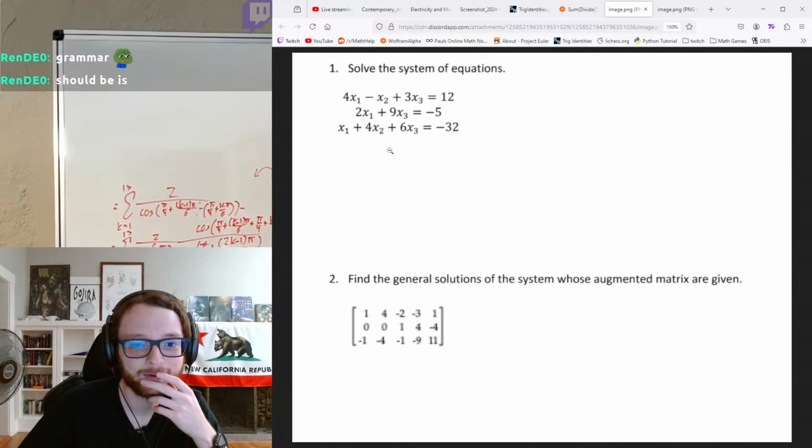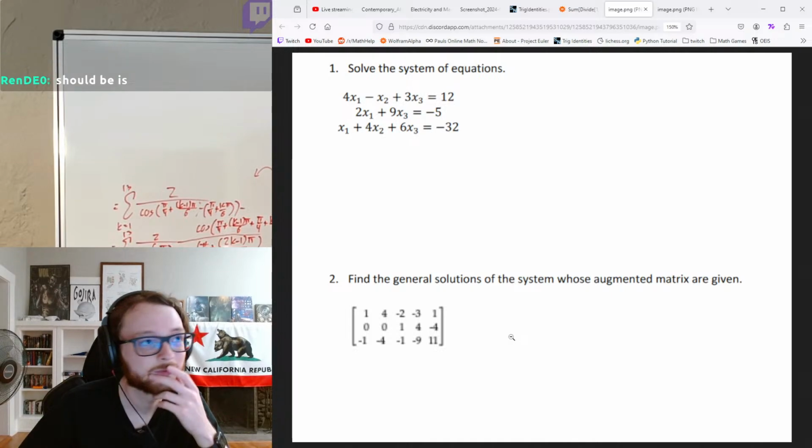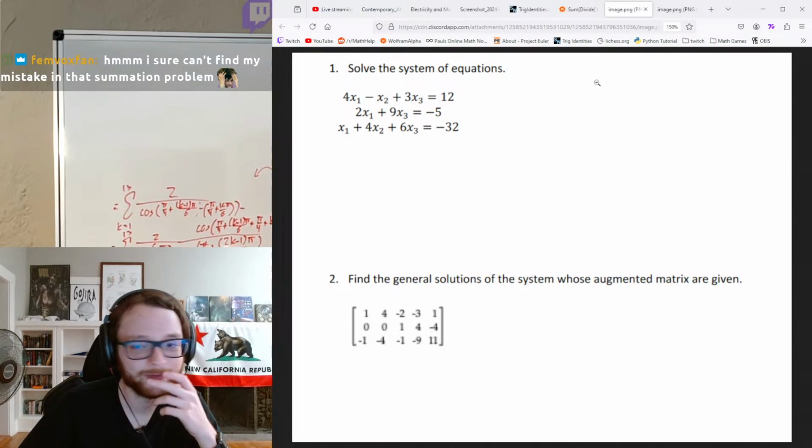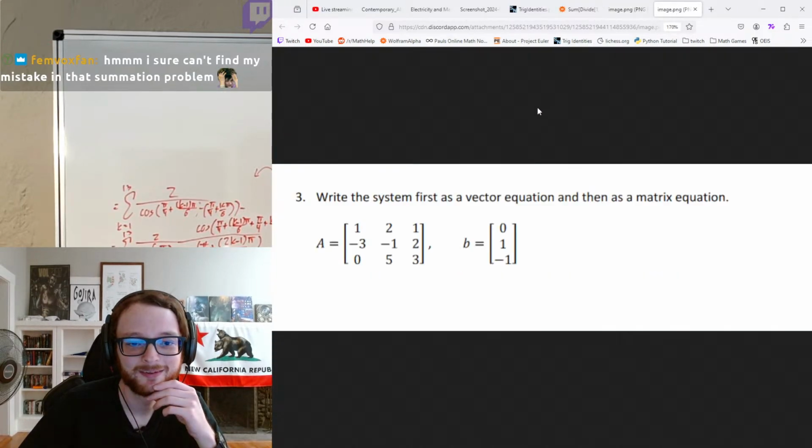This one I definitely know what to do. The second one, there's 4 vectors here, so isn't there not going to be a solution? I'm not sure. We're just gonna post their solution at some point. 3 is pretty.